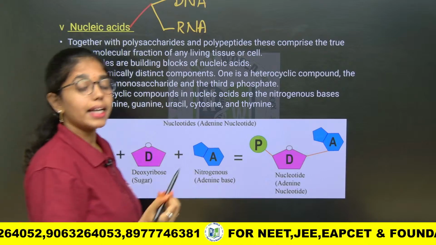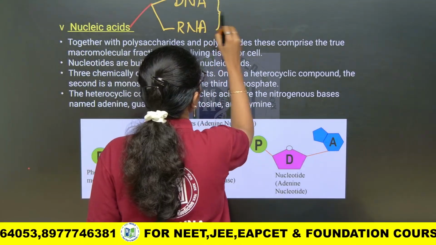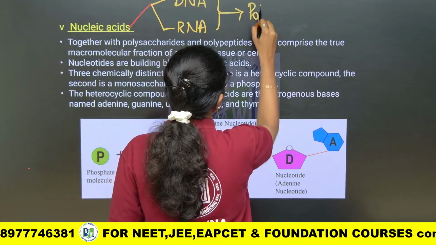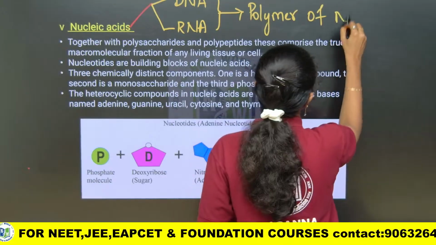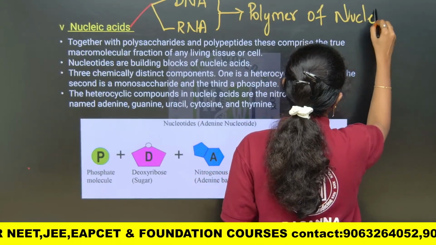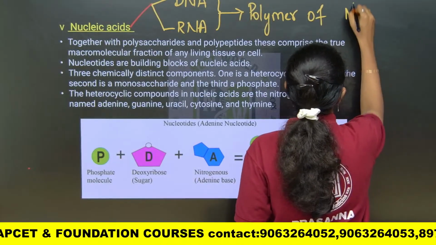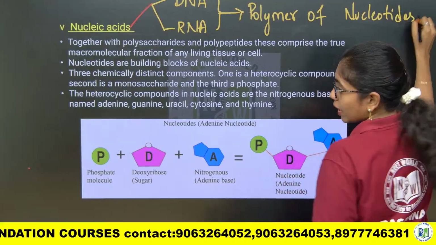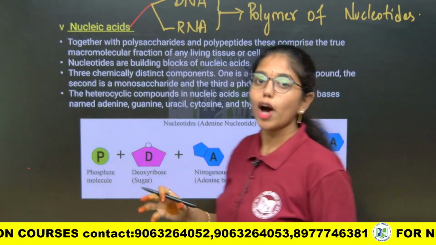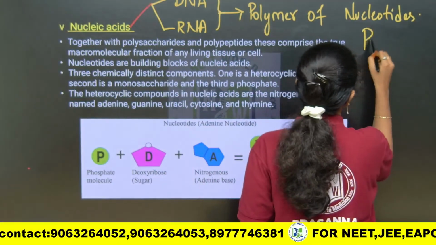DNA or RNA, what do we call it? Polymer of nucleotides, or you can also say polynucleotide chain, okay.